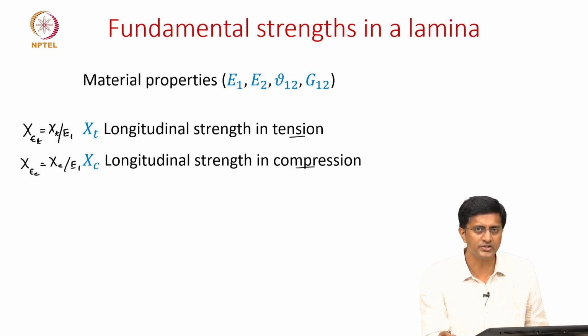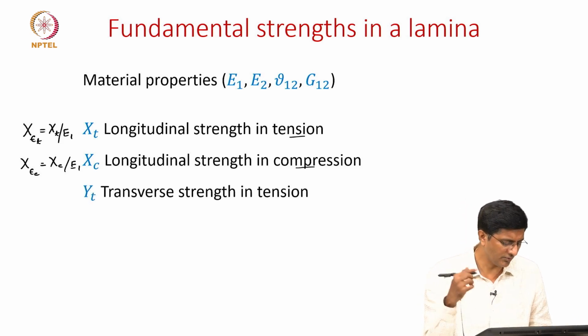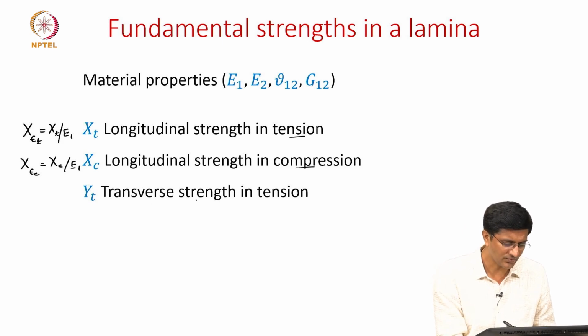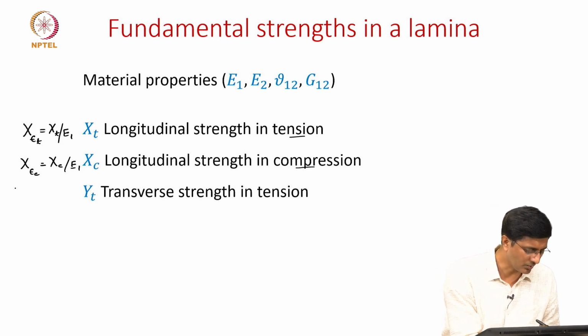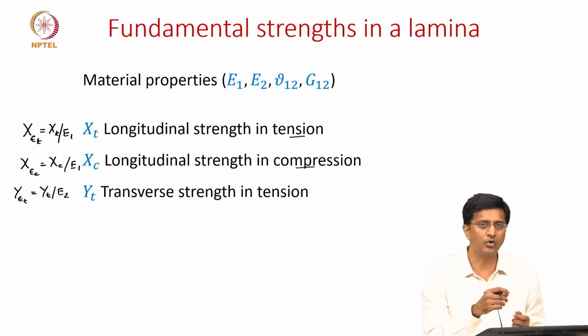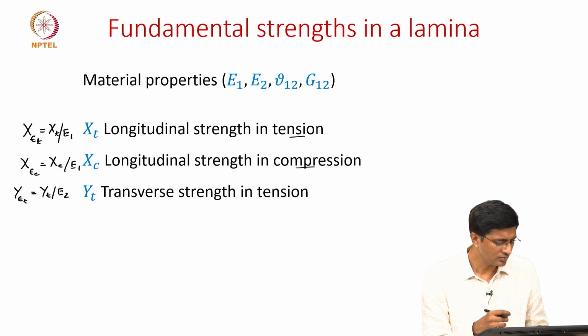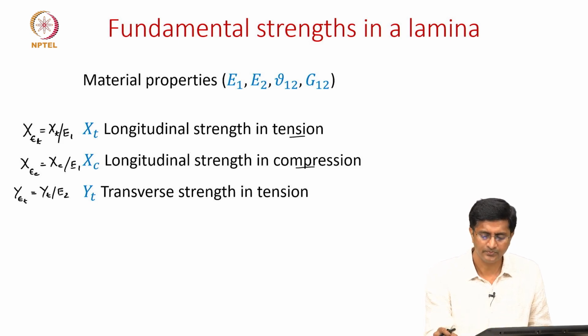Now we look at strengths perpendicular to the fiber, which are given by Yt, the transverse strength in tension. The corresponding strain we will write as Y epsilon t, which is given in terms of strength Yt divided by E2. Since we are now loading in direction 2, we use the modulus E2.